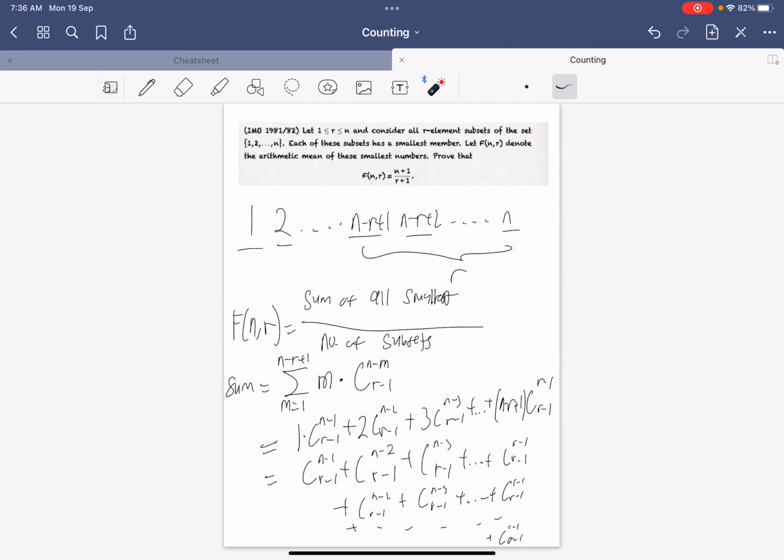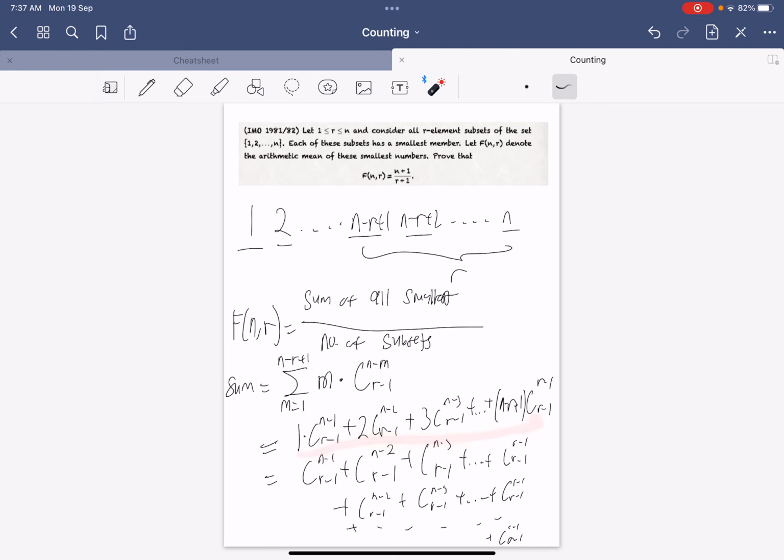And so, this is the number of times that m appears as the smallest element. And so we now want to take the sum of all these smallest, which means the sum from 1 to n minus r plus 1 of m times how many times they appear, which is n minus m choose r minus 1. And so we expand out, we can see that this is the expression.